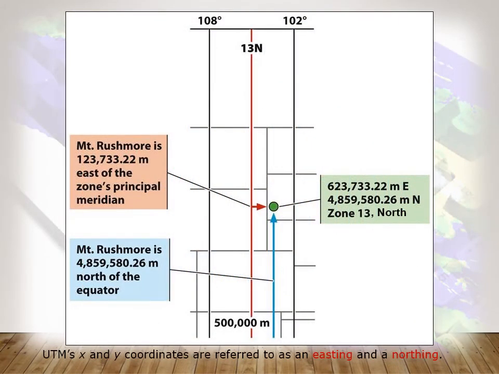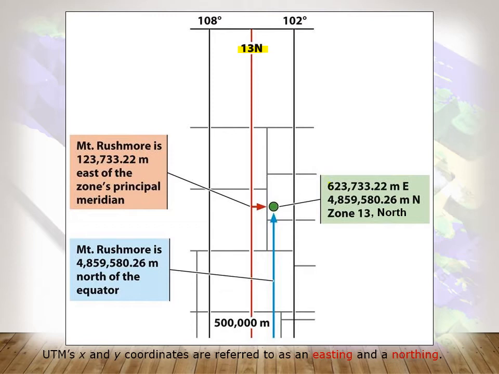Okay, so let's deal with Mount Rushmore. Mount Rushmore is in 13 north, that's the zone. And what we're going to do is look at what a false easting and false northing might do. Because we're in the Western Hemisphere, our values are technically negative.